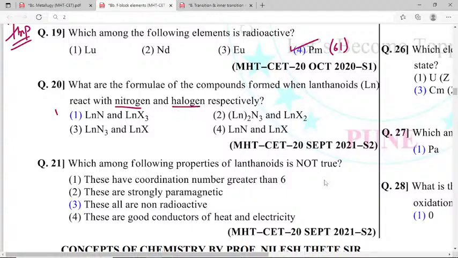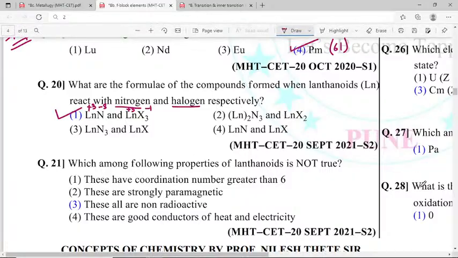With nitrogen, lanthanum nitride: lanthanum +3, nitrogen -3. With halogens, lanthanum +3 and each halogen -1, so -3 in total. Always remember, compounds are formed in such a way that the oxidation state of the lanthanoid is +3.